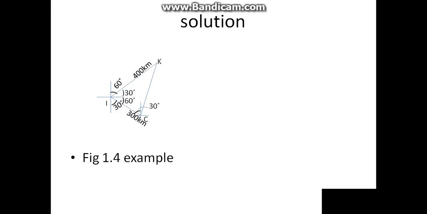Then the plane flew at 60 degrees from Ilorin to Kano, but since it is in a 90 degrees, the remaining angle inside that 90 degrees is obtained by subtracting from 60, which gives us 30 degrees. So inside that triangle, we now have 30 and 60 degrees. Adding the two will give us a 90 degrees right angle triangle.